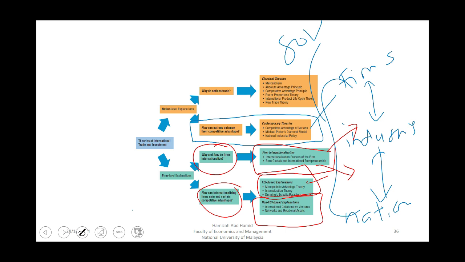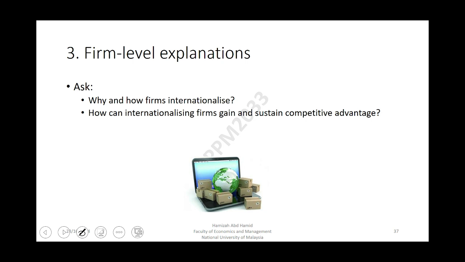If they internationalize without FDI strategy, they can gain and sustain competitive advantage too through collaborative ventures and using networks. We look into them one by one. Firm level explanation and firm level theories in international business, they ask the questions of why and how firms internationalize, and how can they gain and sustain competitive advantage.